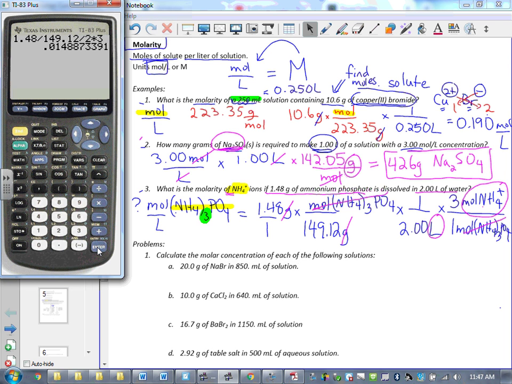And we get a concentration of 0.014887, etc. We're thinking about significant figures.